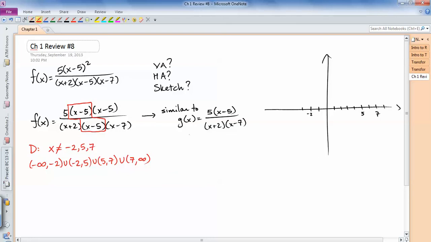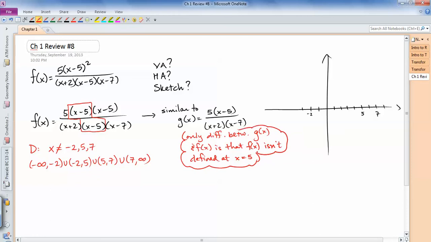So the only difference between g of x and f of x is that f of x isn't defined at x equals 5.